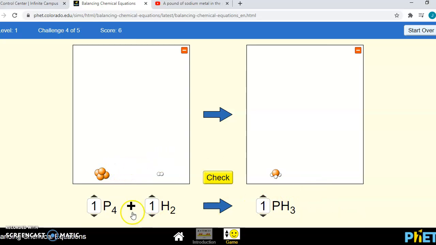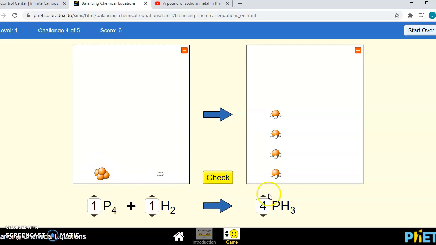So in order for this reaction to happen, we couldn't just have 1 molecule of P4 plus 1 molecule of H2, because those don't work for this reaction. There's not enough H2, and we have way too much P4. So could these react and make something else? Potentially. They might. But they wouldn't react to make this. So let's change it. We're going to need at least 4 P's, right?